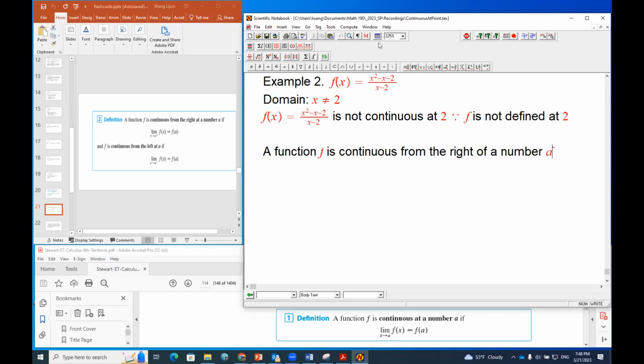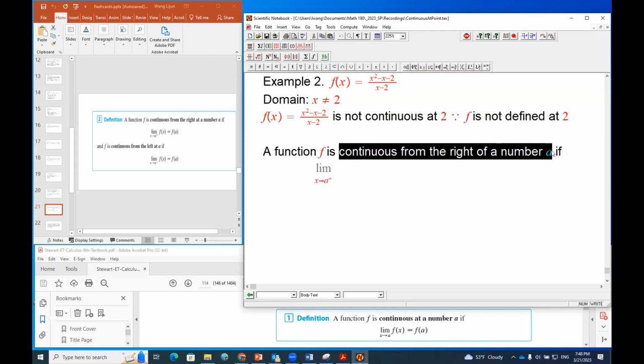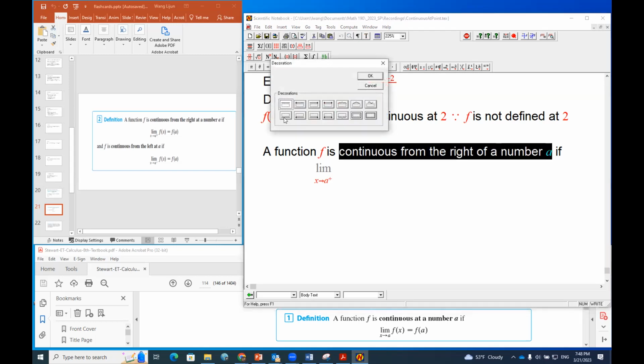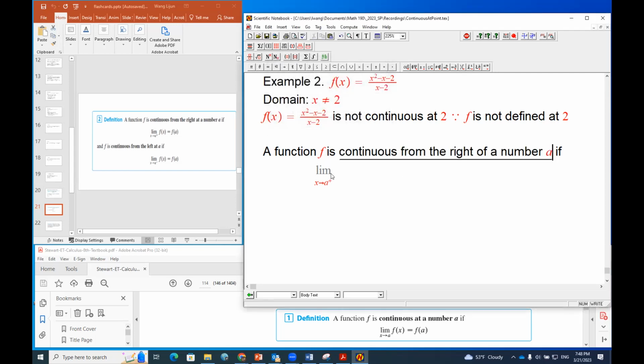What does that mean? If the limit of the function when x is approaching a from larger than a, that's continuous from the right. Let me put an underline right here. If the limit of the function from the right is the same as the value of the function at a.